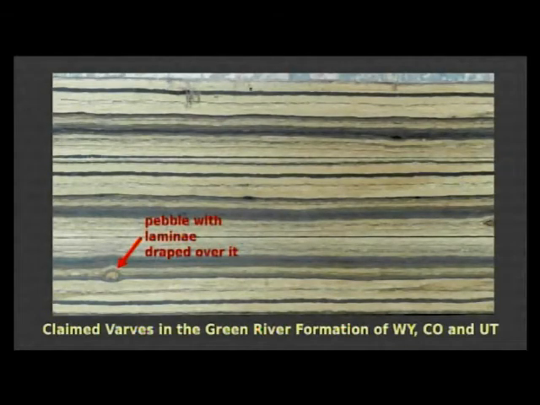Now, pebbles require much faster water flow to move them. And these pebbles have laminae draped over them. You can see one there in the bottom left-hand corner. So you need a faster water flow to move the pebble. Therefore, the laminae were also produced by faster water flow because the laminae are draped over that pebble.